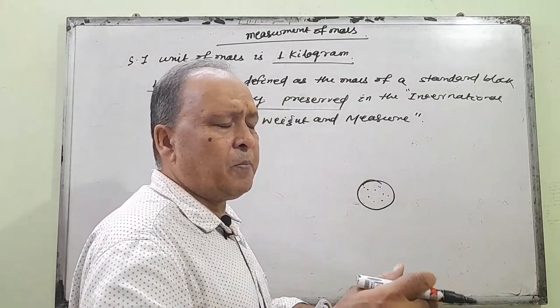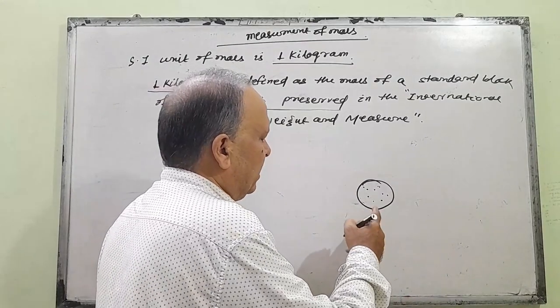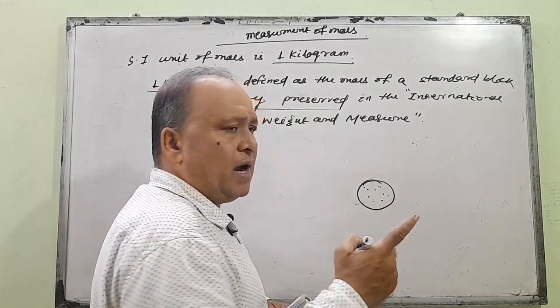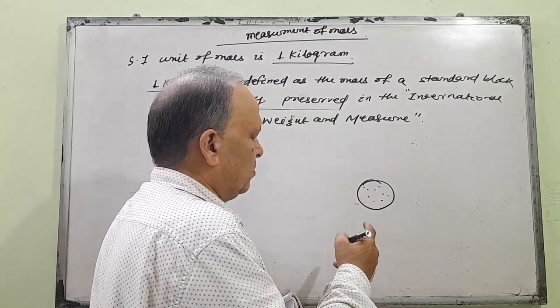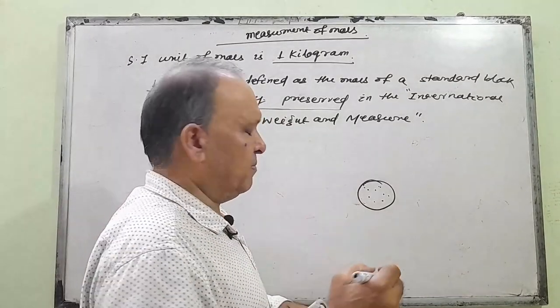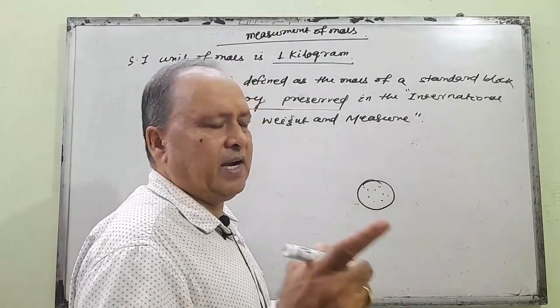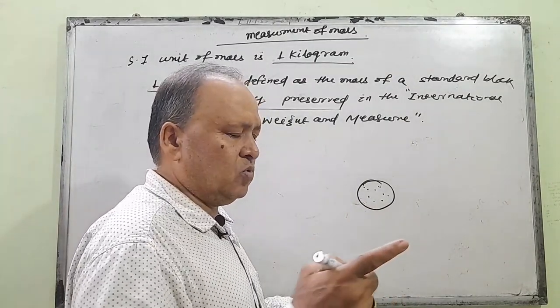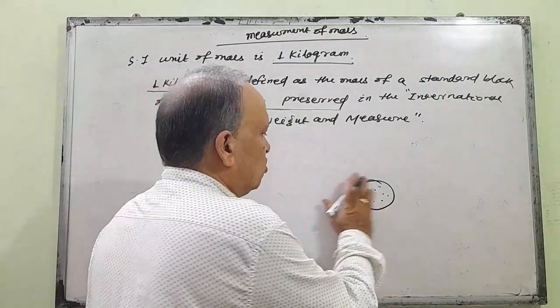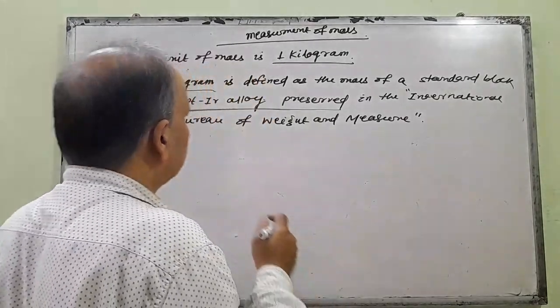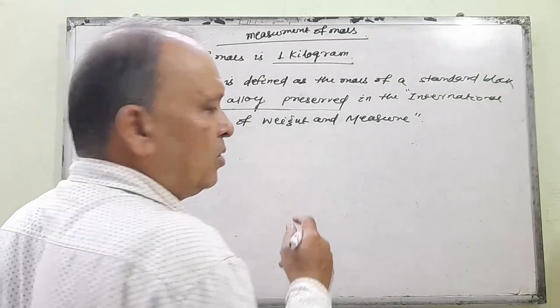After division, its 1000th part is 1 gram. Its 10th part is 100 gram. Its 5th part is 200 gram. And the half part is 500 gram. Like this. So, at first, the kilogram was found.